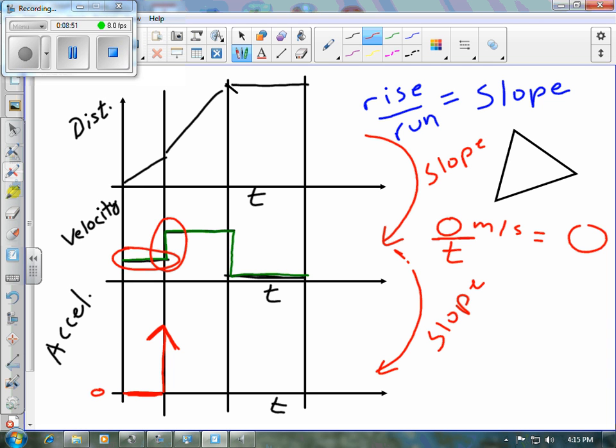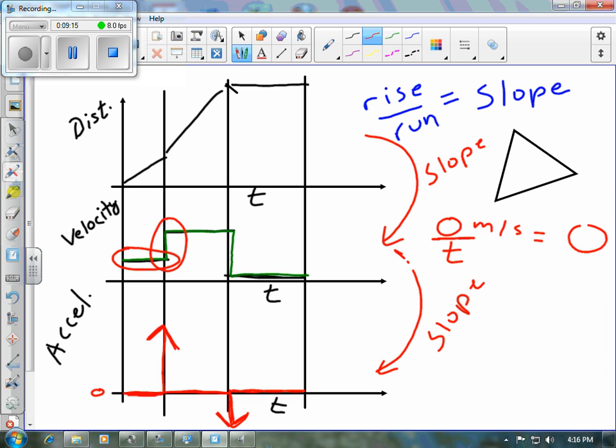Is that possible? No. And then our velocity is now back to a flat line, so we're back to 0 acceleration, and then we'd have a negative infinite acceleration here, and then back to 0.